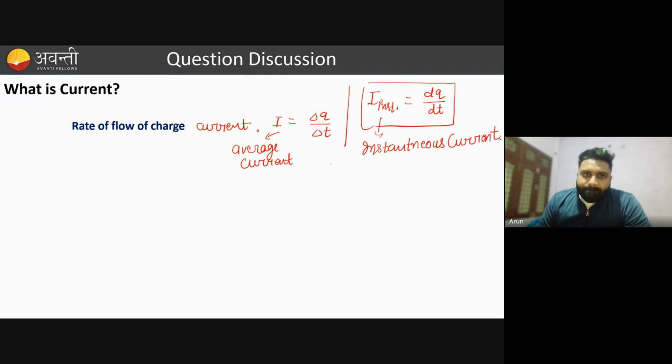Okay. Now, if I talk about a new term, which is current density. Current itself is a scalar quantity.